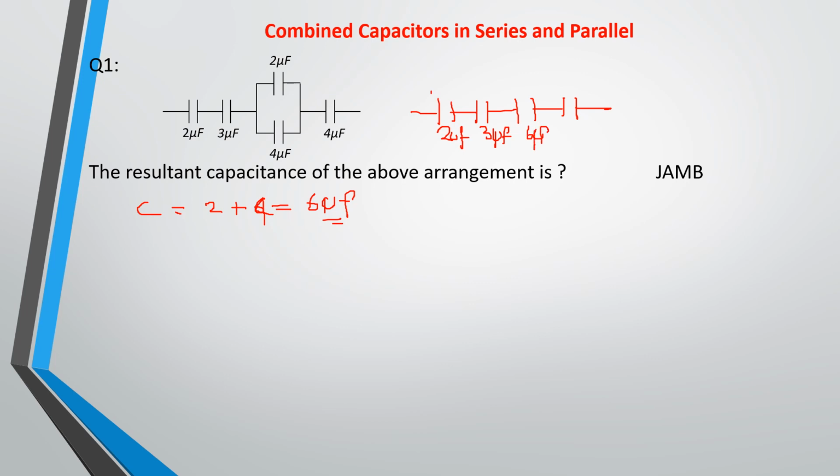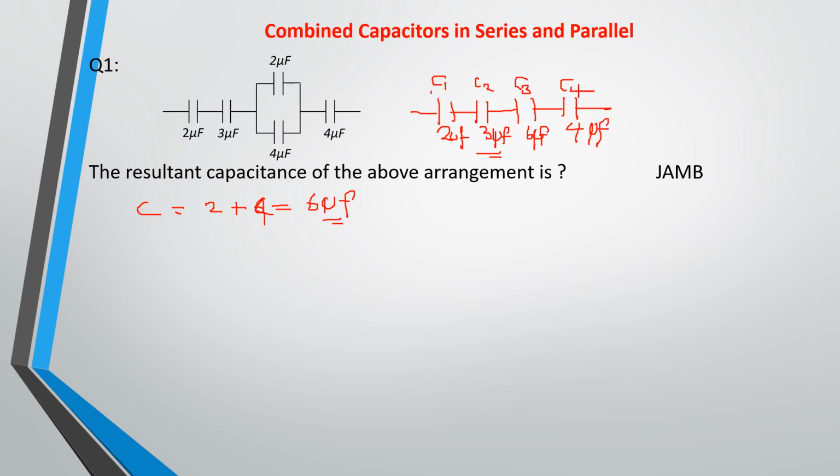So this is 6 microfarad, and then this is your 4 microfarad. So what you see here now is that C1, C2, C3, and C4 are now in what? They are in series.